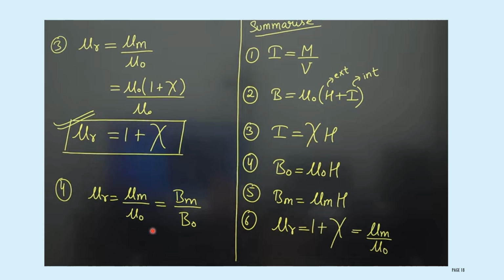This is another form. You know the value of mu m. Mu m will be equal to Bm divided by H. Then mu naught will be equal to B naught divided by H. H gets cancelled. Then you will get Bm divided by B naught. These are the few formulas we have studied up to now.